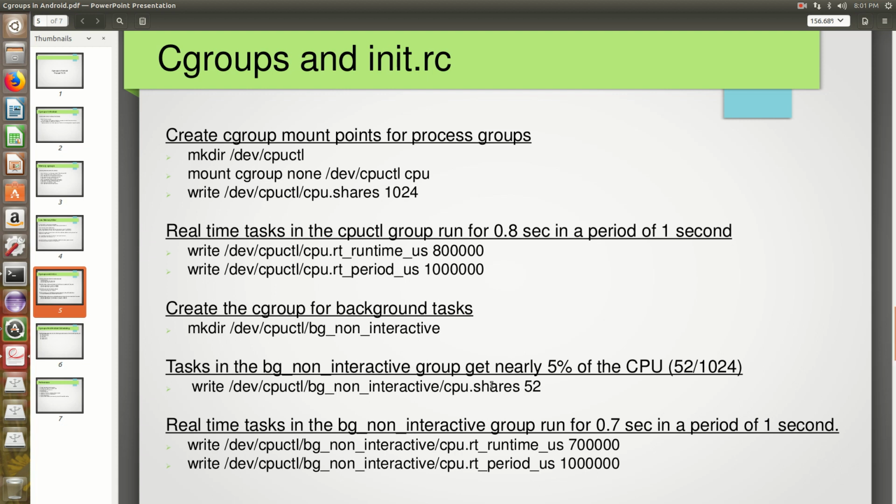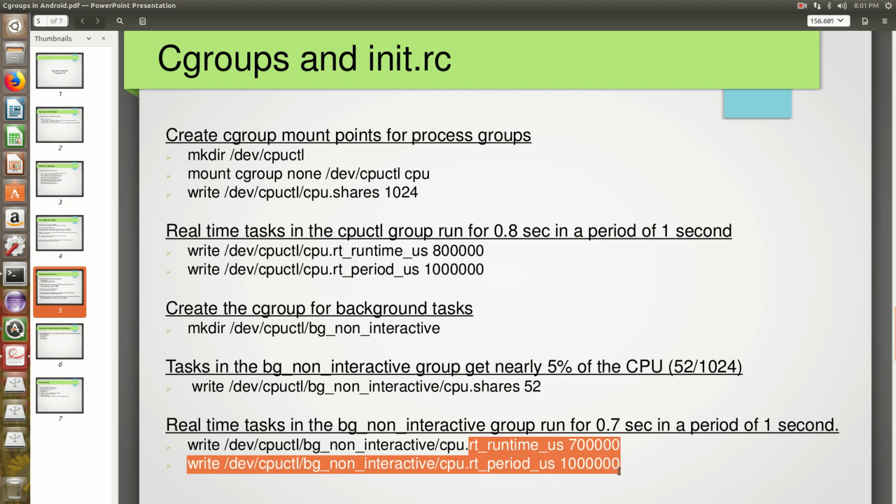And even in this group, when you have 5% of the CPU being assigned to the background and non-interactive tasks, the real-time tasks in the background C group still get 70% of the CPU time, if there are any real-time tasks in this C group as well.